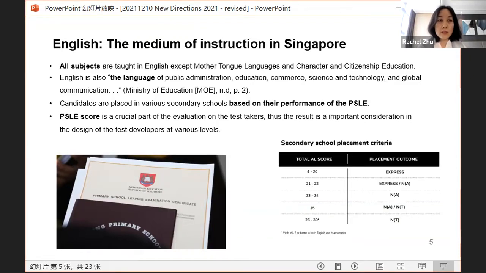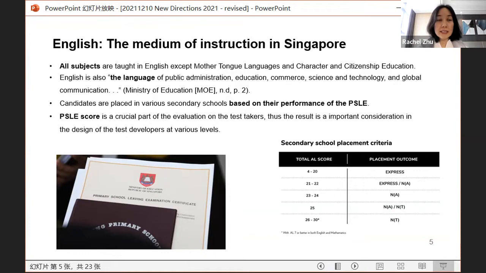According to MOE, the Ministry of Education, English is also the language of public administration, education, commerce, science and technology, and global communication. Candidates in this primary school leaving examination are placed in various secondary schools based on their performance in this specific test, PSLE.